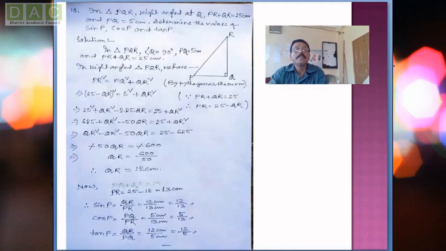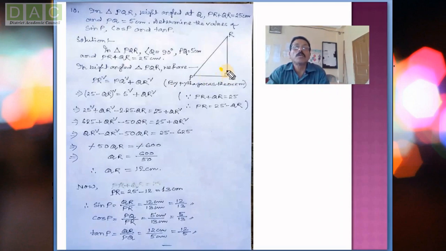Question number 10. In triangle PQR, right angle at Q, PR plus QR equal to 25 cm and PQ equal to 5 cm, determine the values of sin P, cos P and tan P. Now draw the diagram, a right angle triangle. Angle Q is 90 degrees.